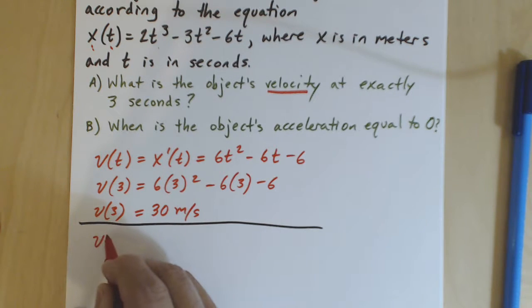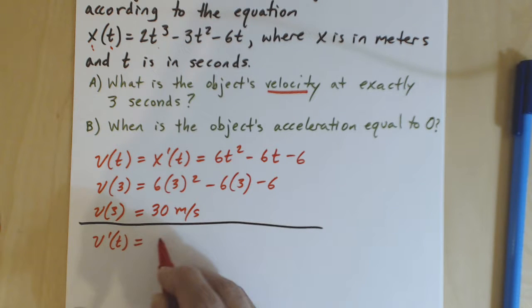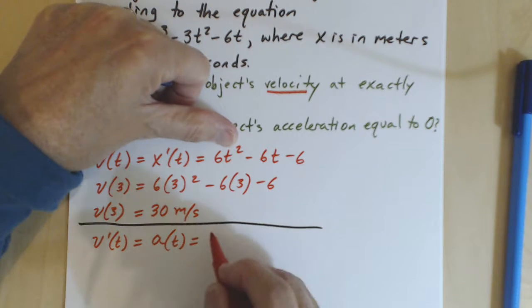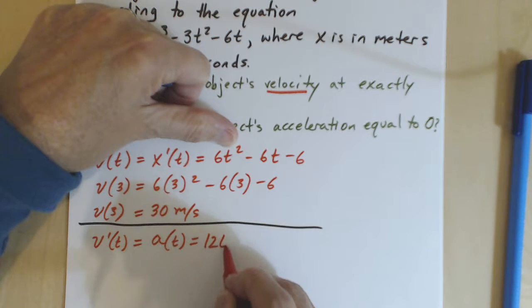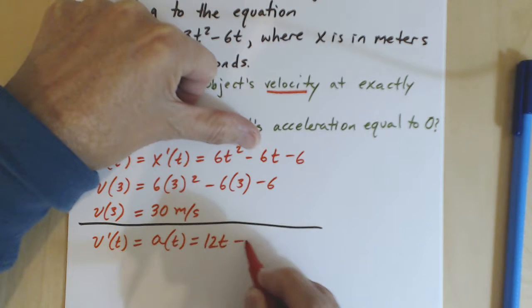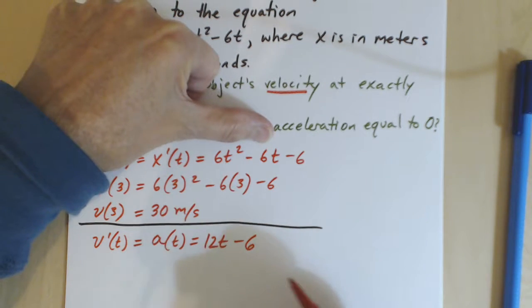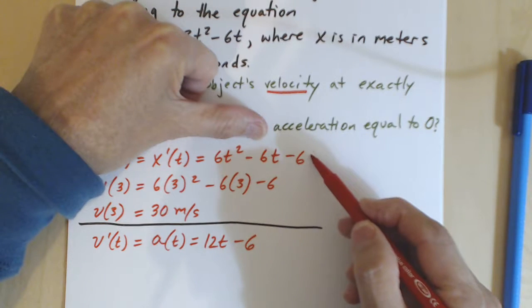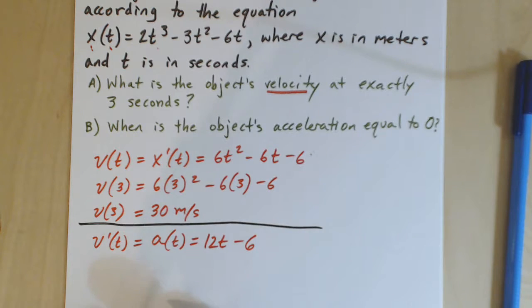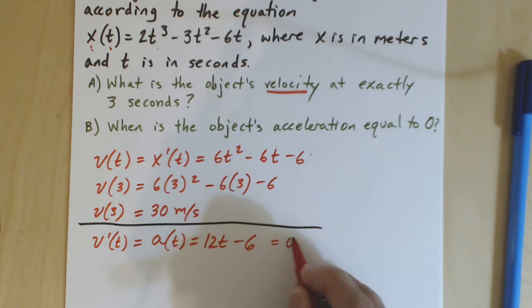The derivative of velocity with respect to time is equal to acceleration with respect to time, and that is equal to 2 times 6 is 12, 12t to the first, which we won't write, minus 6. And of course, the derivative of a constant is 0, so it would be minus 0, but that doesn't really matter.